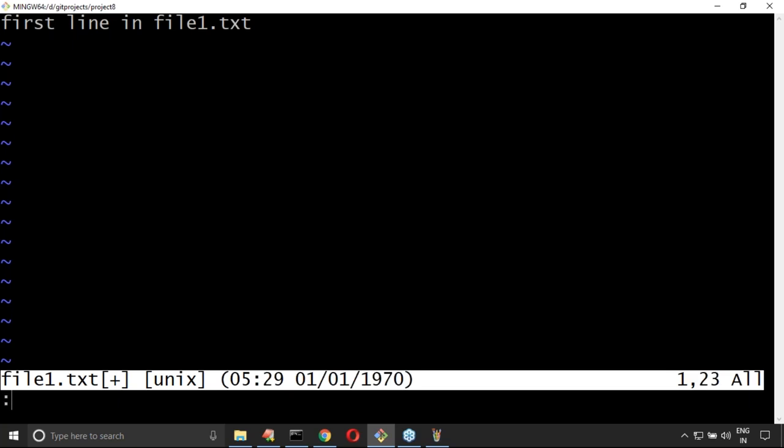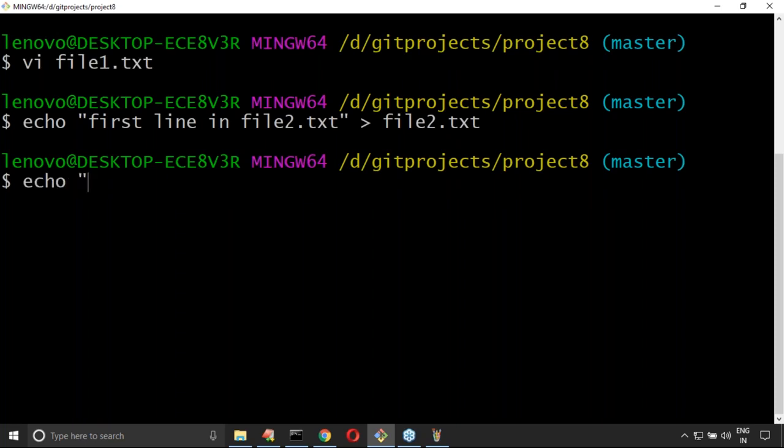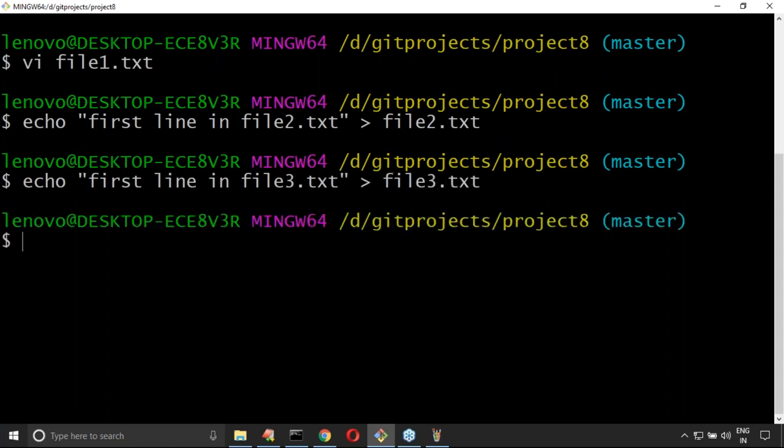Now let me create another file: echo first line in file2.txt, file2.txt. File2.txt also created, sir. Echo first line in file3.txt, file3.txt. That's all, sir.